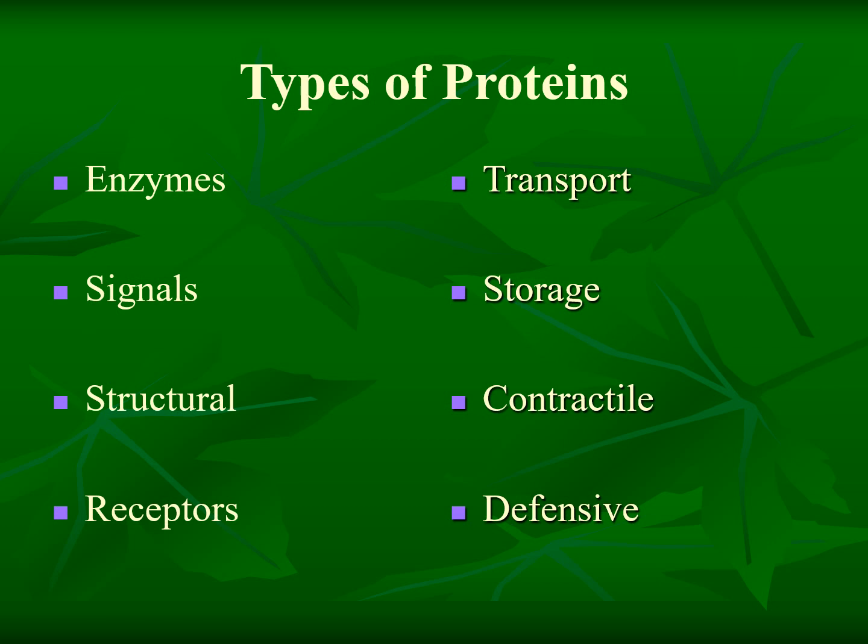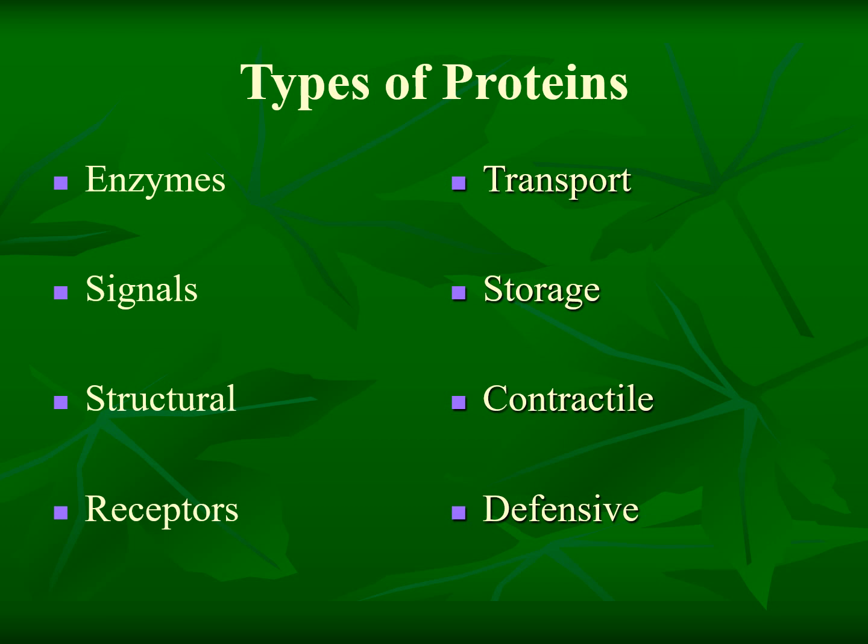So what types of proteins do we have? We have enzymes. As I just mentioned, enzymes are a type of protein that will be used in chemical reactions to speed them up. Some proteins act as signals for the cell. Some of them are structural components.